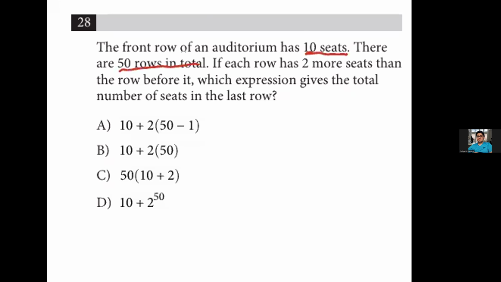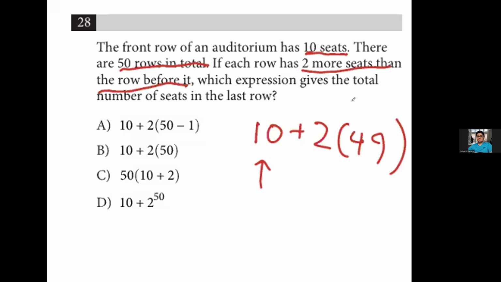There's 50 rows in total, and each row has two more seats than the row before it. Which expression gives us the total number of seats in the last row? Well, we know that the first row has 10 seats, and then plus, we know that the change is 2 seats each row, and we're told that there's 50 rows in total. But we don't include the first row, which doesn't have any extra seats. So in this case, it would just be 49 because there's 49 more rows after the first row. So in this case, it'd just be 10 plus 2 times 49, which is just A.